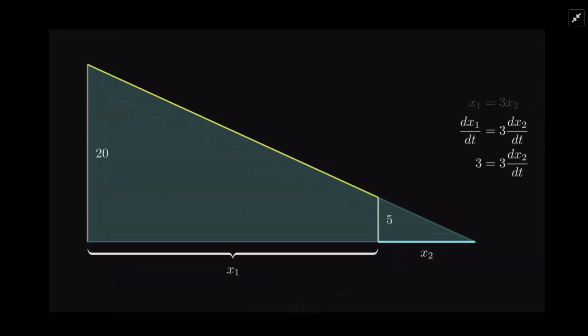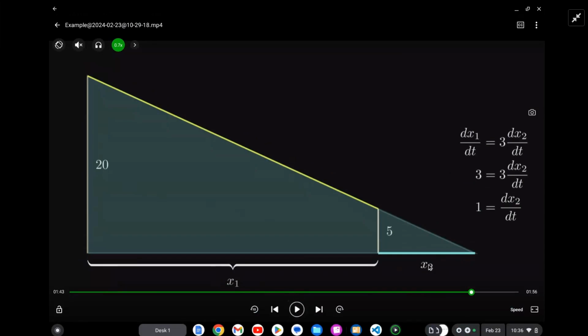And we're left with 1, which is the rate of change of the length of the shadow, dx2, with respect to time. It's growing at a rate of 1 foot per second. So as he moves away 3 feet per second, the shadow grows at 1 foot per second.